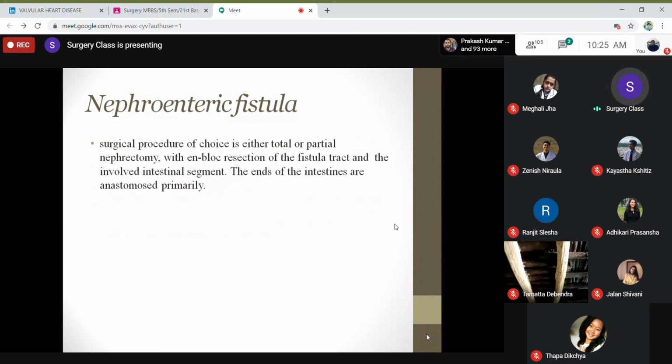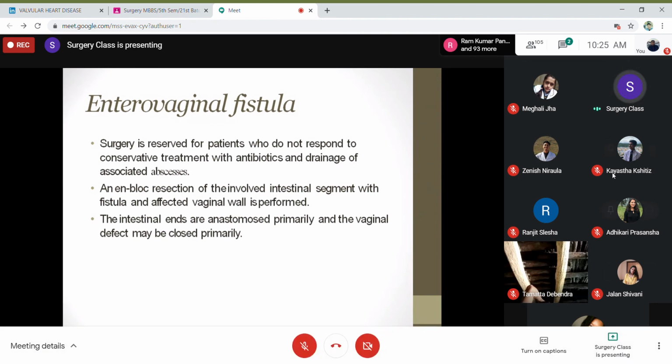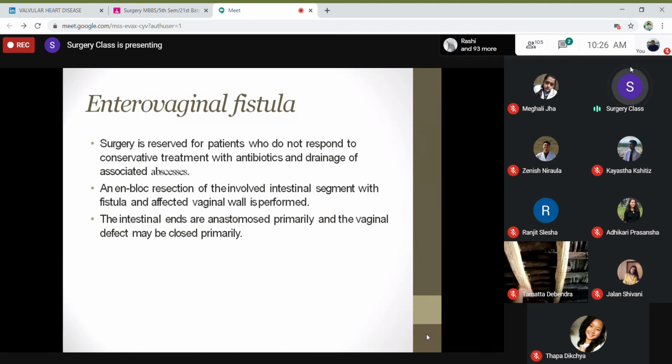Enteric fistula, very rare. I'll not go into that. And enterovaginal fistula, very common. So sometimes through the vagina, they will say some fecal matter is coming. In that case, again, the same thing. You have to do contrast studies, contrast in a CT scan. Similar to the cystoscopy, you can do a colposcopy.